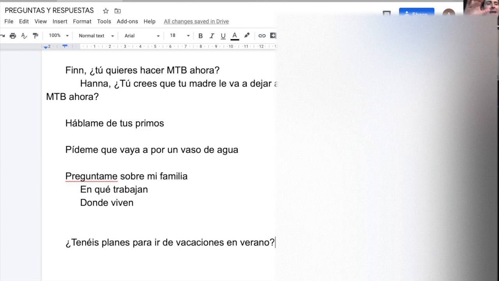¿Tienes familia en otros sitios del país, de aquí de Estados Unidos? ¿Tienes familia en otros sitios? Sí, en Laurelhurst. ¿Y dónde está eso? En Seattle. En Seattle, muy bien. Vale.